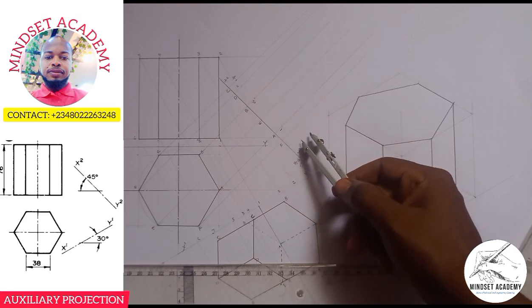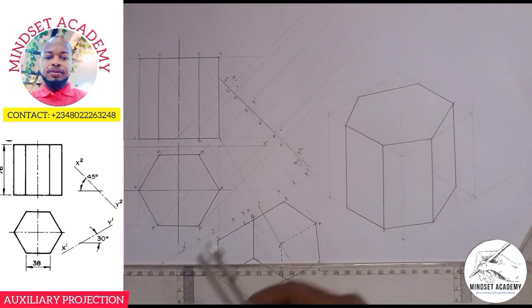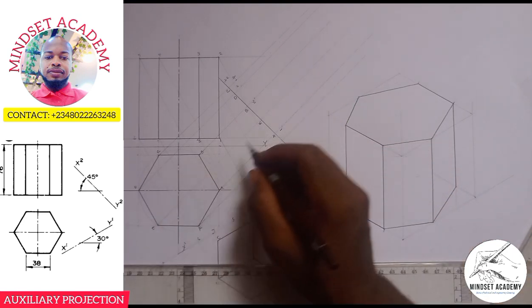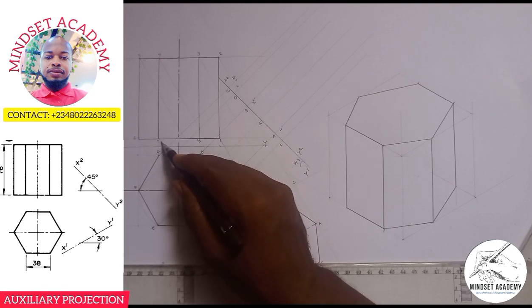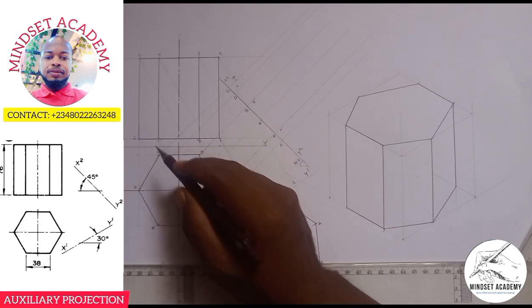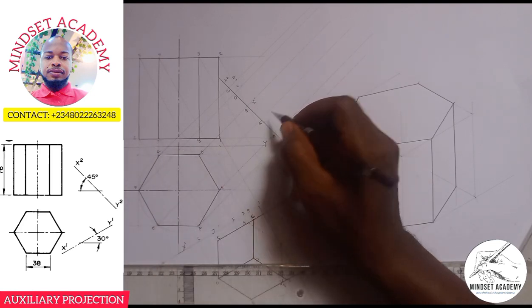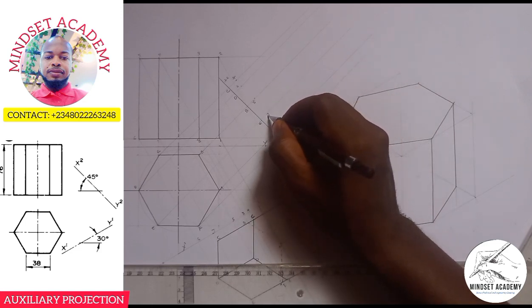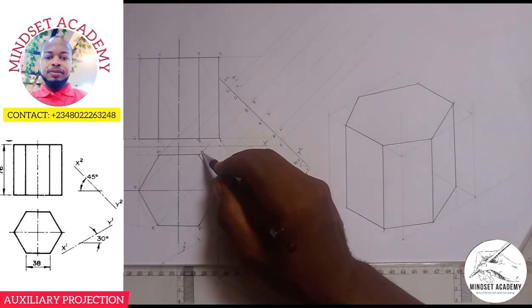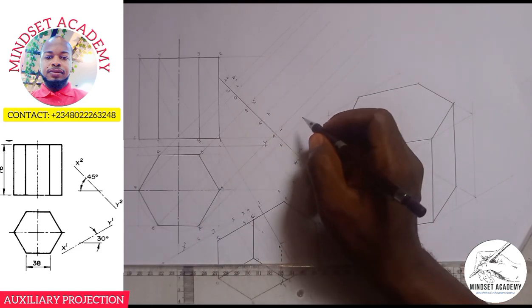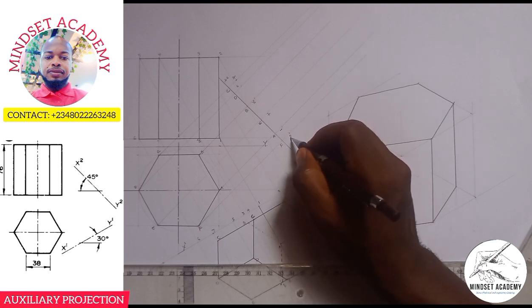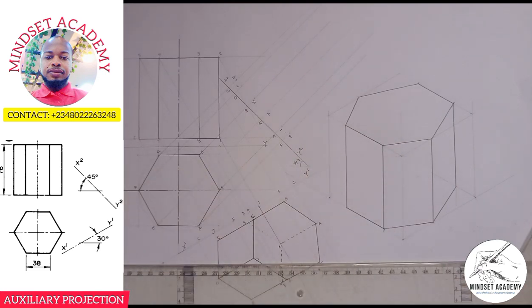So at the point of E, we have what we have here, 7. And at the point of F, we still have 8. So all of them are connected together. I'll do the same thing for the upper one also.